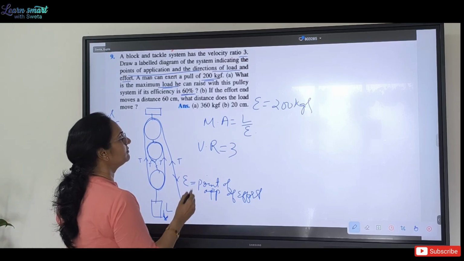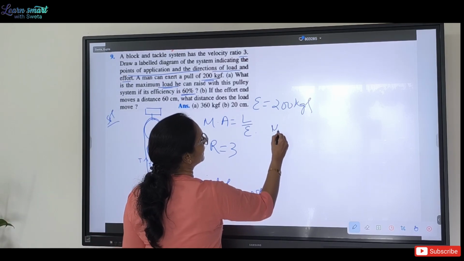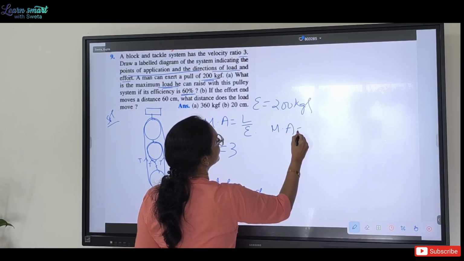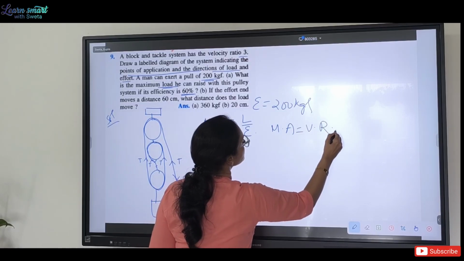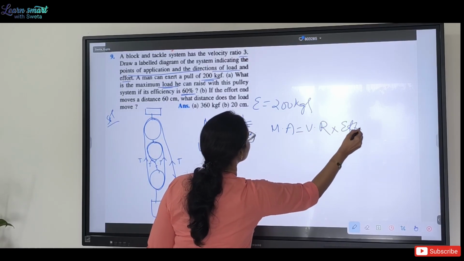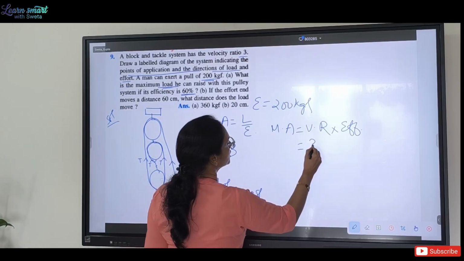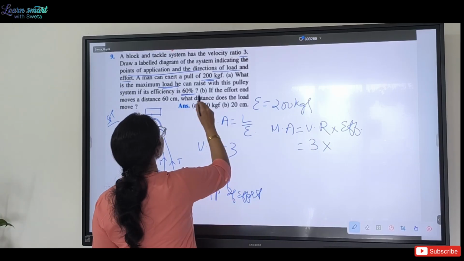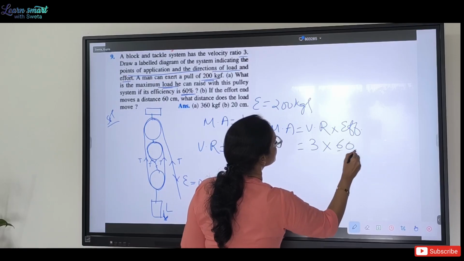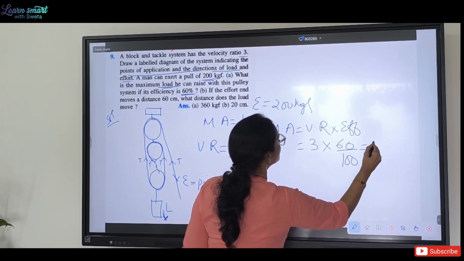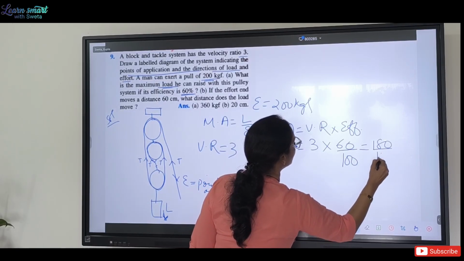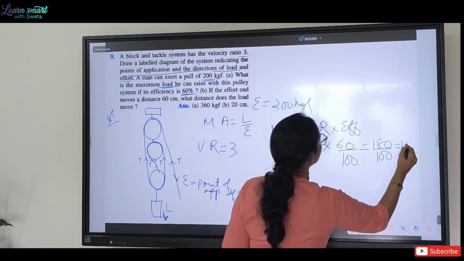So we will first calculate the value of mechanical advantage using the formula mechanical advantage is equal to velocity ratio into efficiency. So mechanical advantage is equal to velocity ratio 3 and efficiency 60%, which means 60 upon 100. Which means we will get 180 upon 100, which is 1.8.